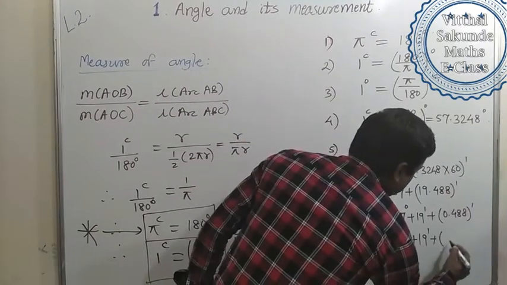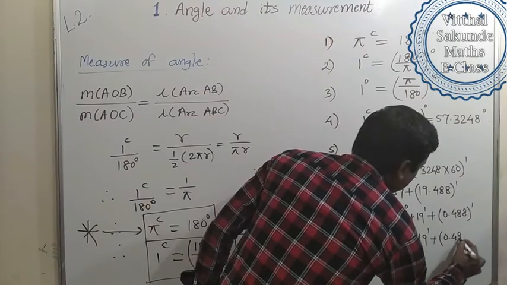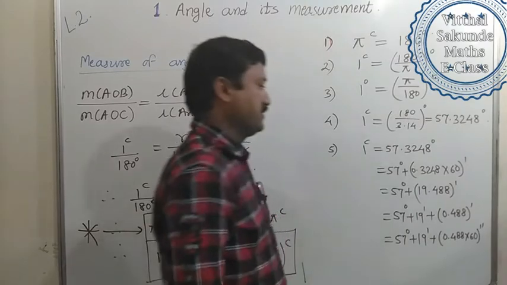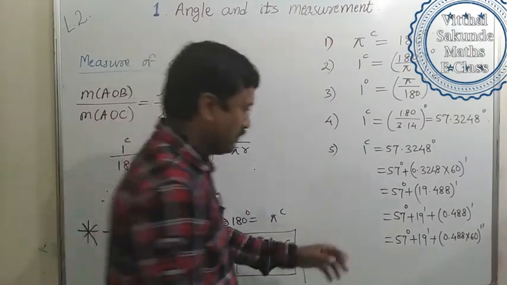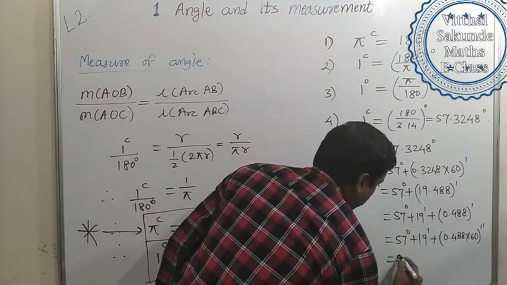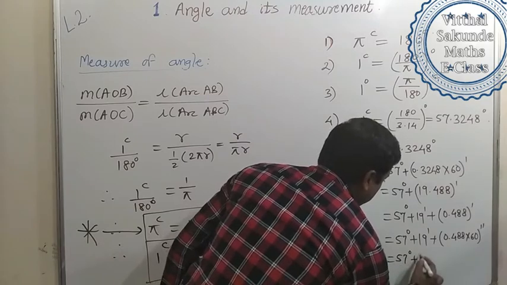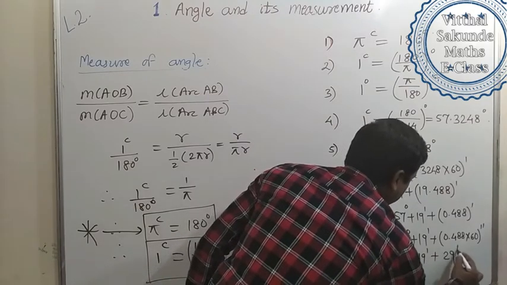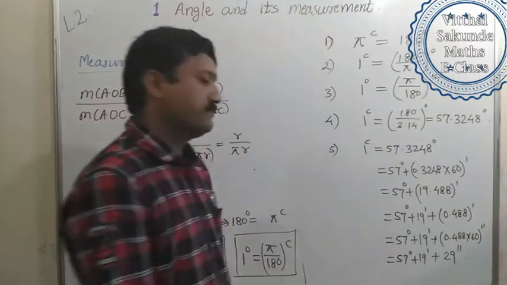Yes, multiply by 60. So 0.488 into 60 seconds. Is it clear? In the next step, we get 57 degree plus 19 minutes plus 29 seconds.